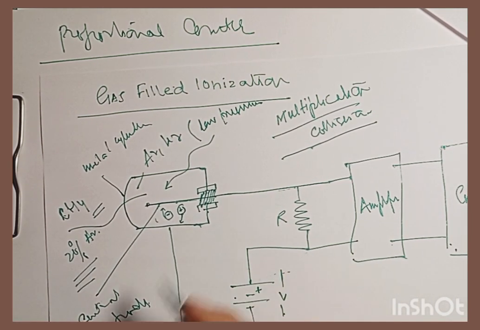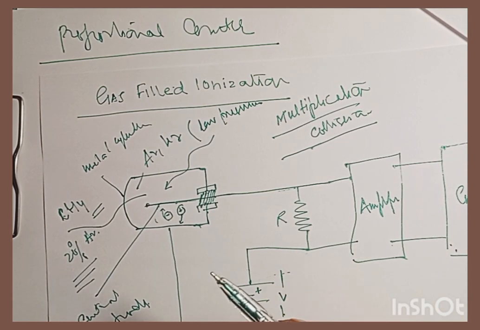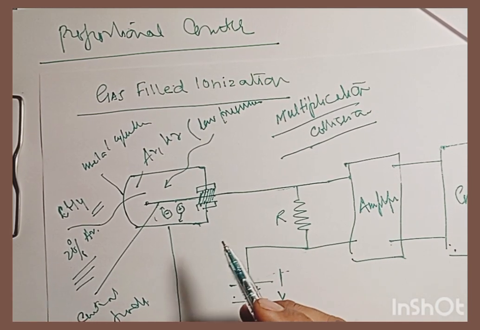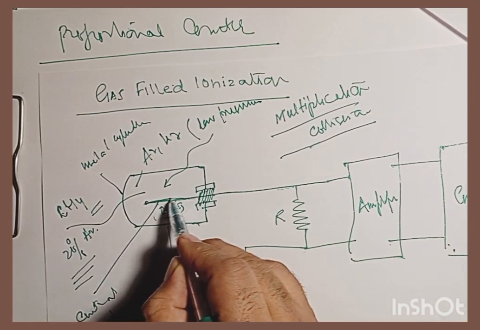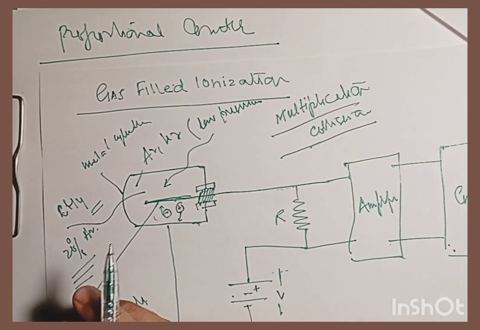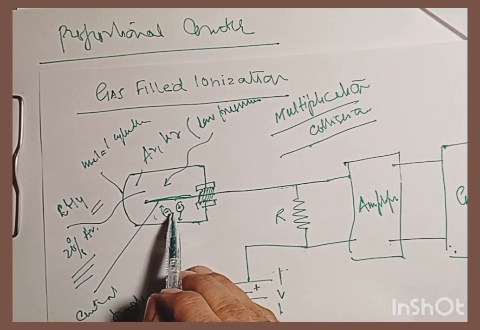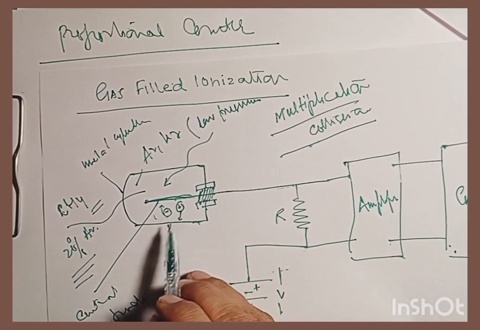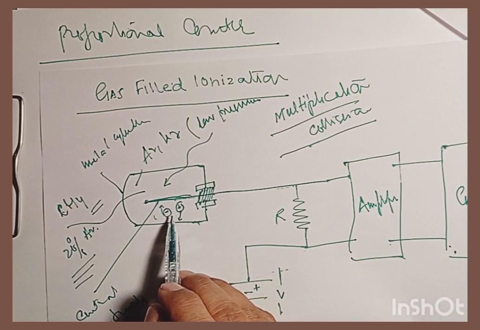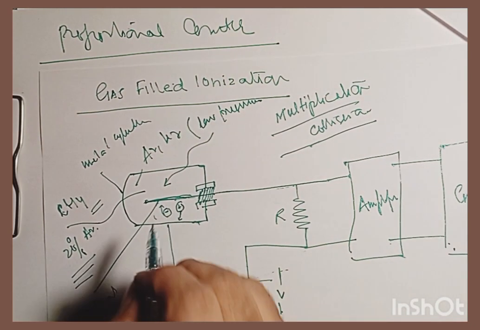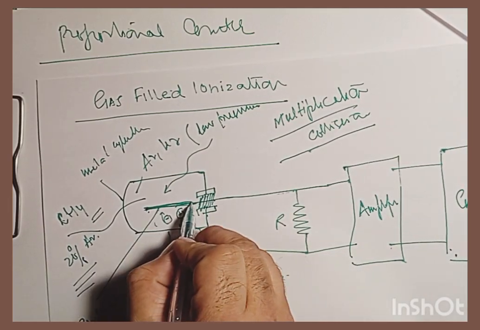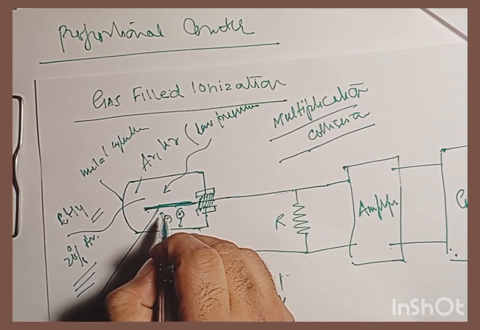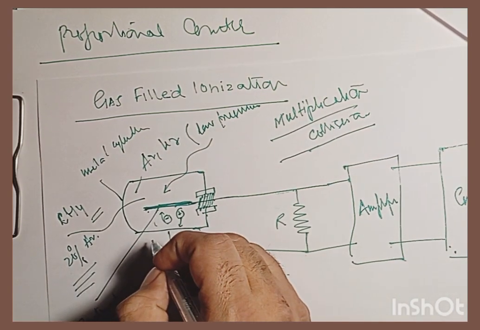It is basically the number of ion pairs formed by collision as each electron travels towards the central wire. This is what is called the multiplication factor or gas amplification factor. The multiplication factor depends on the anode radius and the radius of the cathode.